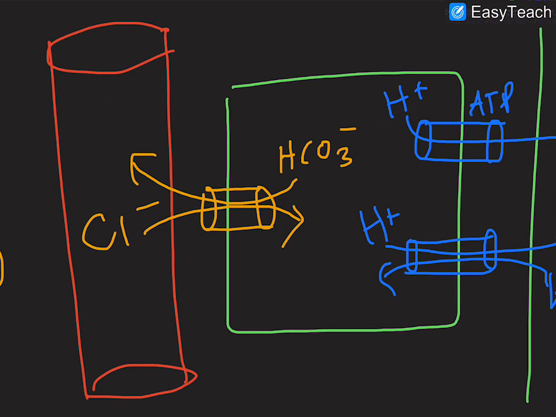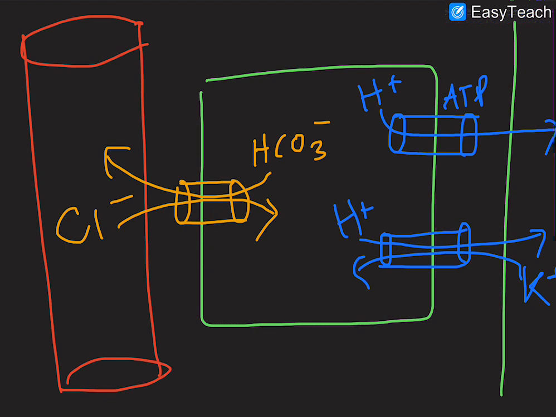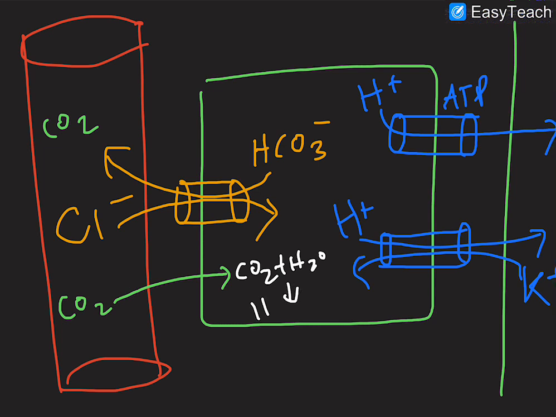Normally, this is what happens. Let's say your blood is really acidic. Normally, if you have CO2 in your blood, that can diffuse across, and we can take that CO2, combine it with water, and form carbonic acid with the help of carbonic anhydrase, H2CO3.